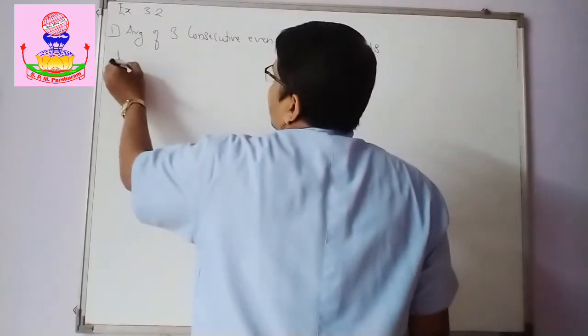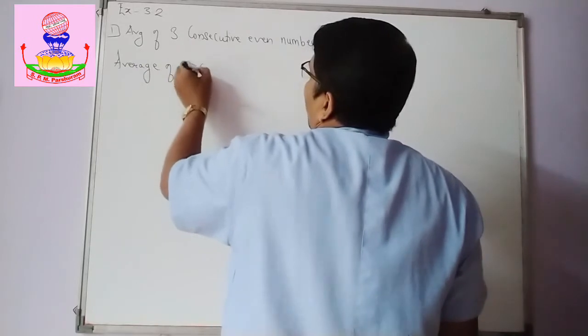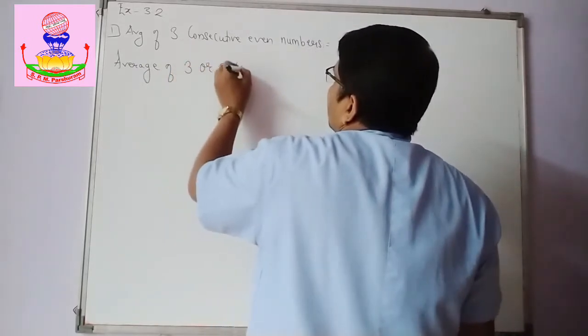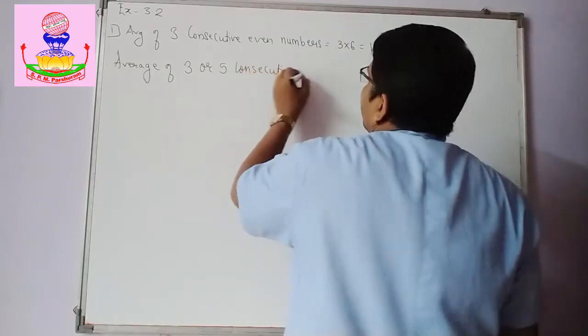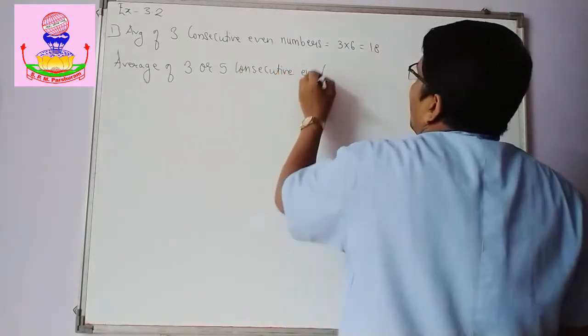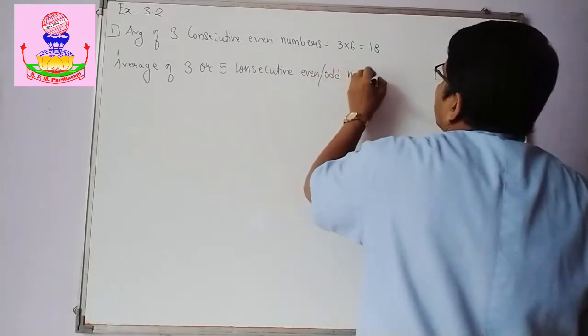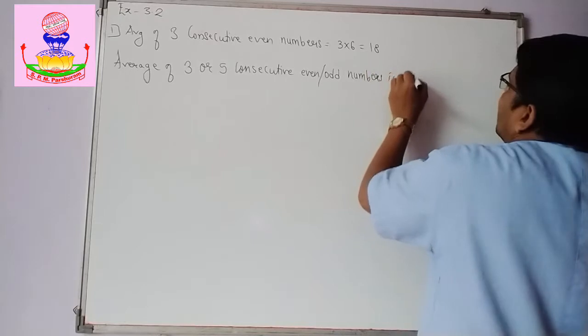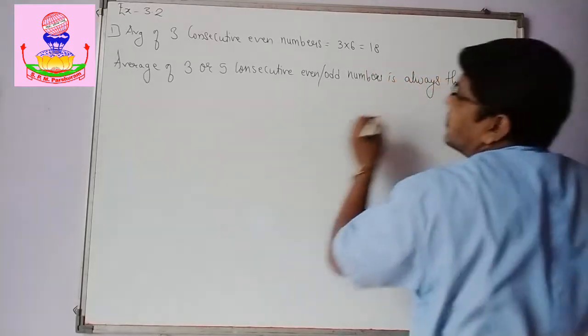Average of 3 or 5 consecutive even or odd numbers is always the middle number.